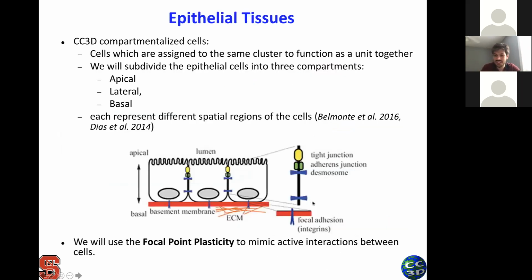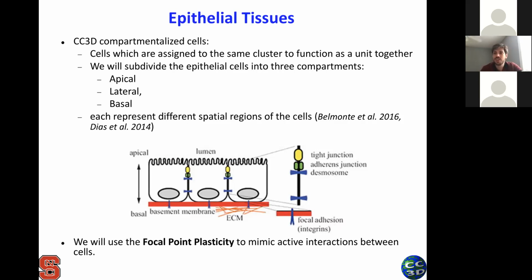So if you want to model epithelial tissues, if you not only care that the cells will be elongated, as you can do with length string, but the different sides of the cell should have different properties, then you want to think harder about the apical side of the cell, the basal side of the cell, and what's neither apical nor basal, which is the lateral side.